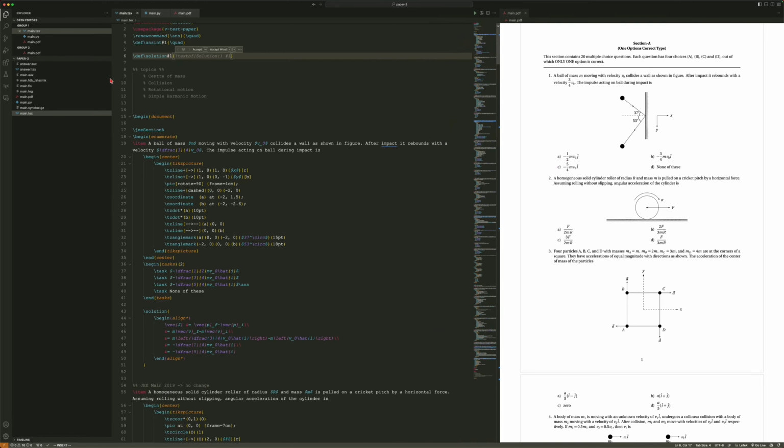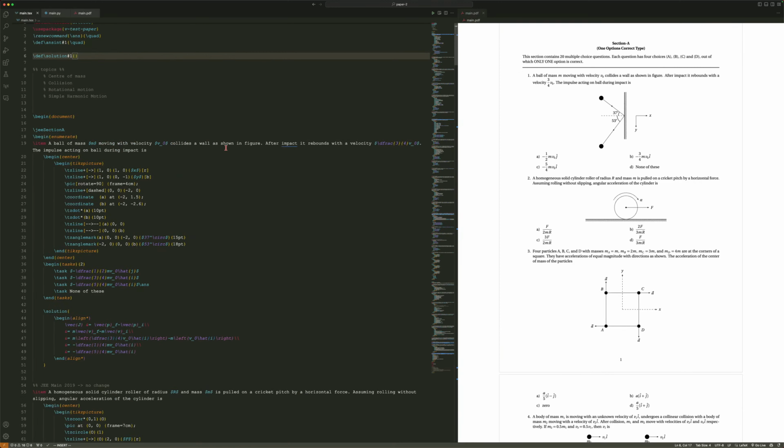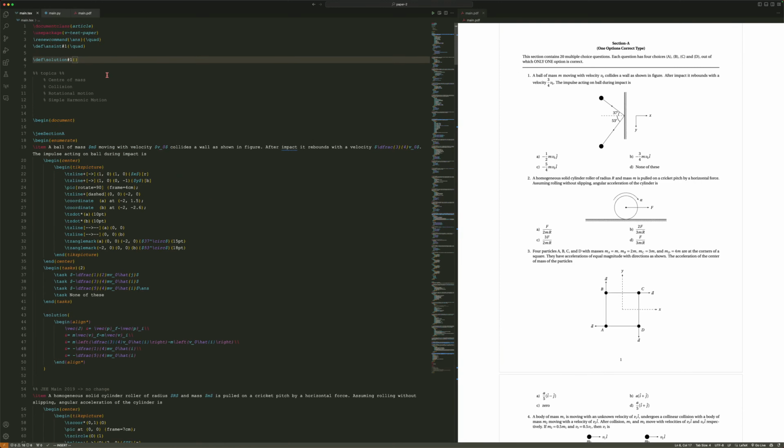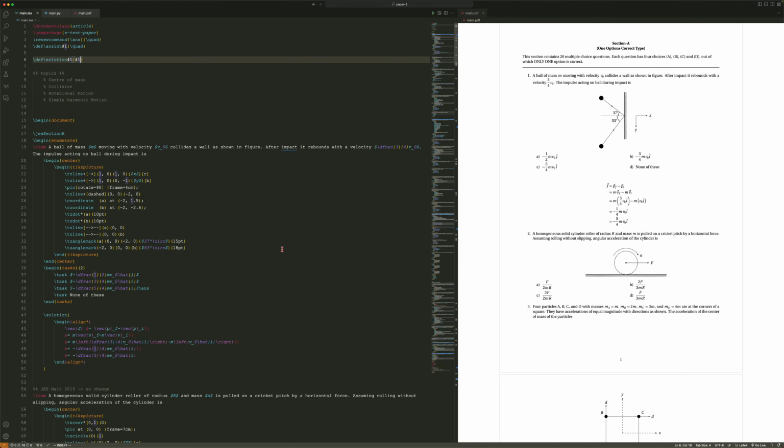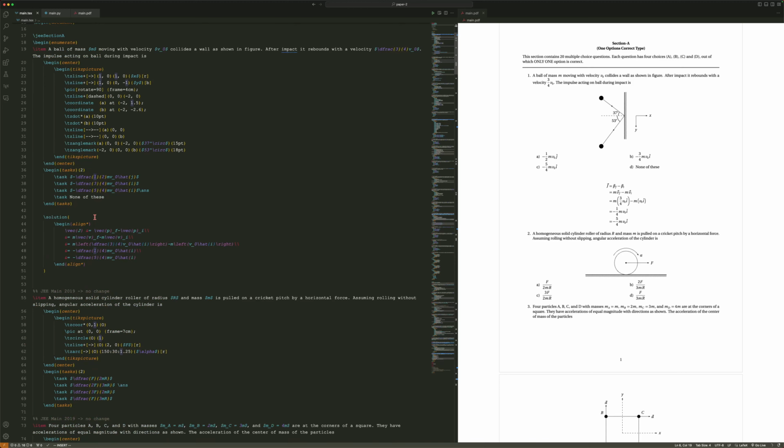So let's continue. Let's put hashtag one, and as soon as we run this program, you can see the solution. Now we can modify here; we can add a headline.